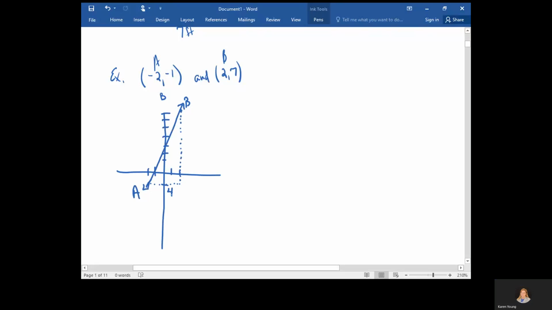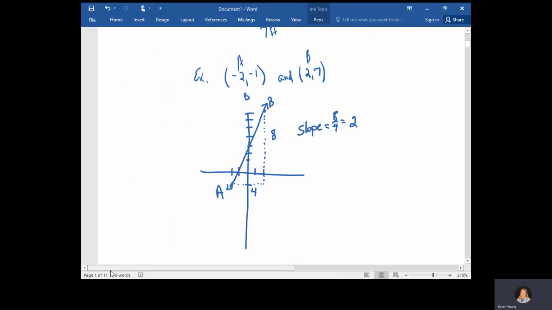And if I go from -1 to +7, I count 1, 2, 3, 4, 5, 6, 7, 8 going up. So my slope should equal 8 over 4, and if I reduce that down, it should equal 2.